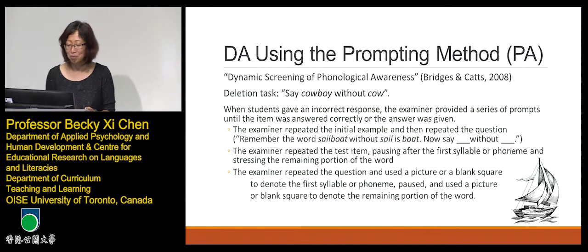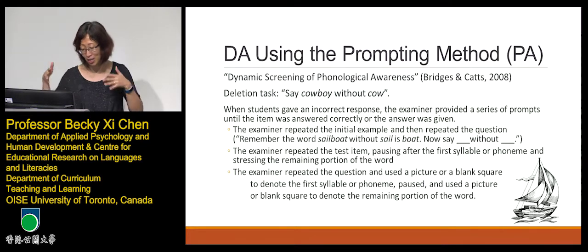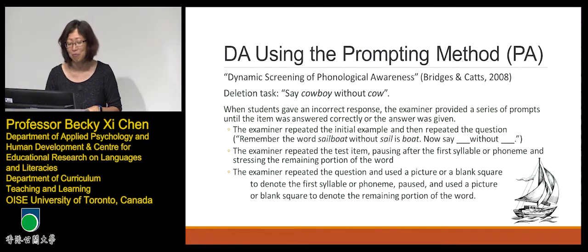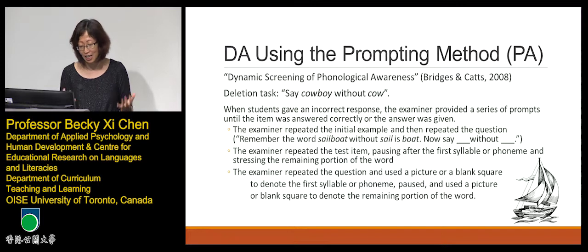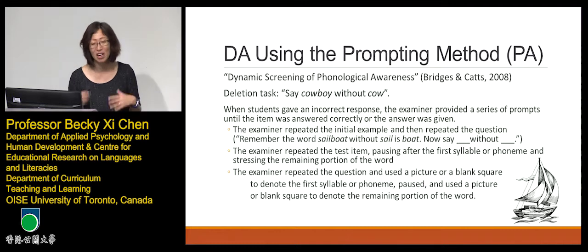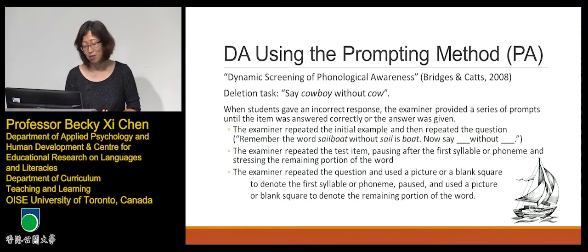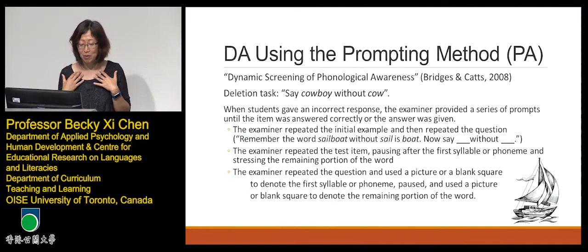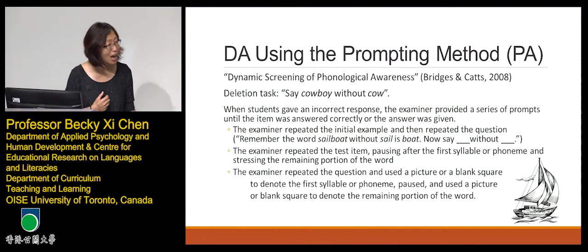And here in this task, they repeat the test item and they pause after the first syllable and then stress the remaining portion of the word. So just to make it very clear what the correct answer should be. So you can say cow, boy without cow.